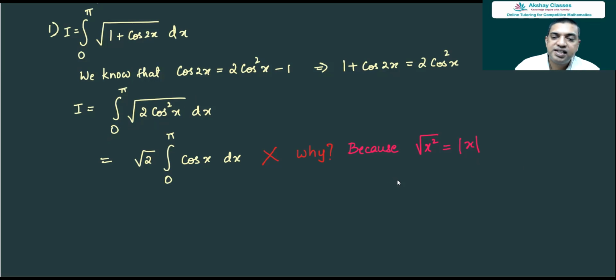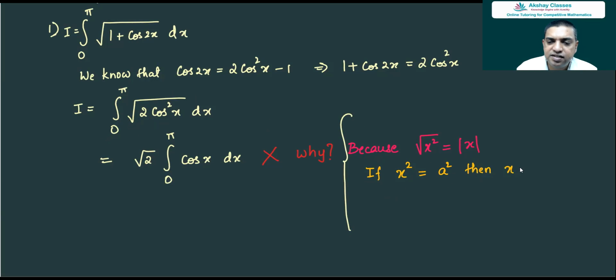Okay. See, very important. Again, I'm repeating. Here earlier, when we were doing limits, I told this, but again, I'm repeating. See, if x square is equal to a square, let us say, then x will be either plus a or minus a.